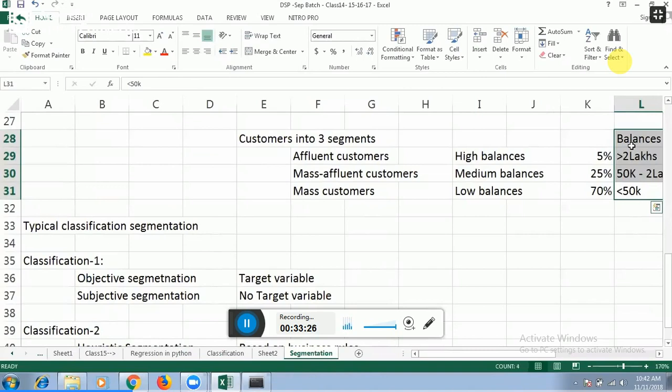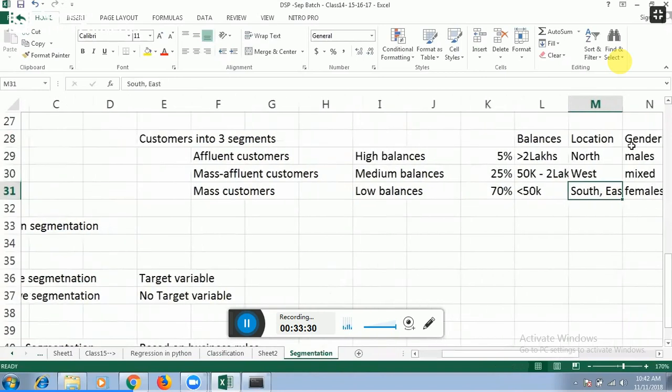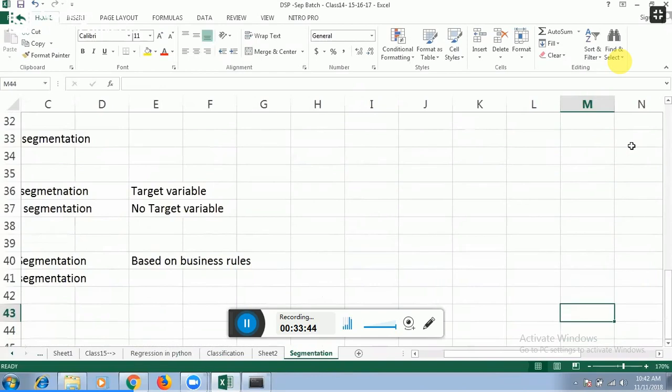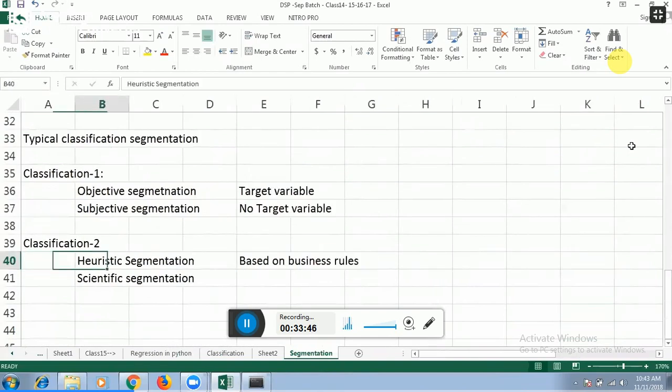In this case, am I using a scientific technique? No, right? Based on the balances only, I'm saying that if anyone is maintaining greater than 2 lakhs in balances, I'm calling them affluent customers. How did you come up with the 2 lakhs? It's a business rule. Here, there is no technique as such.